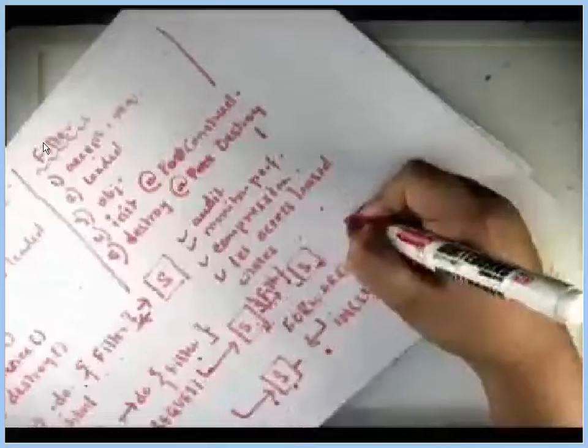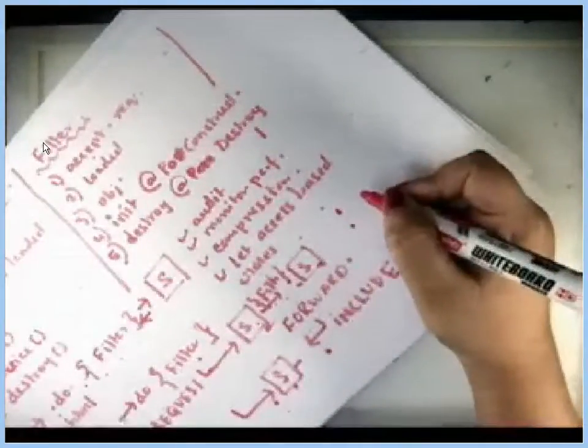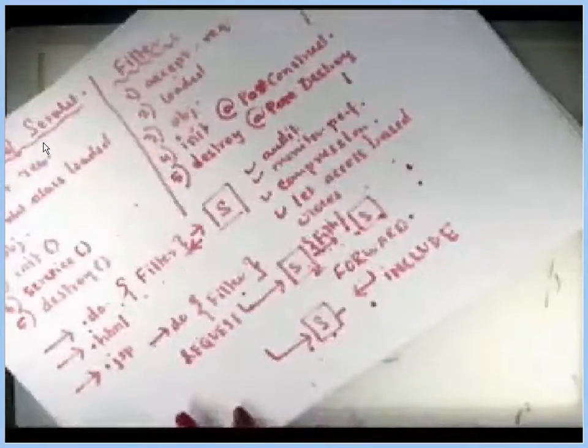So my point is, filter can work on all these 4 cases. And finally, if my application is throwing an error, then my filter can also work for all the error pages. So these are certain things about filter.